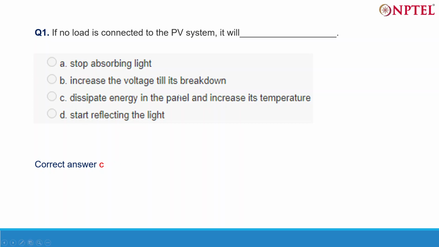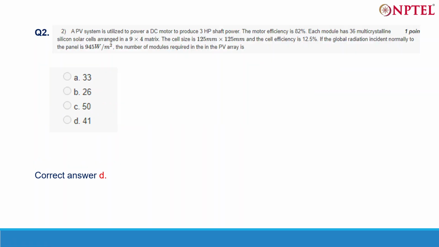It will dissipate energy in the panel and increase its temperature. I was talking about this loss; someone asked if more power is produced than the load requires. In that case, it will dissipate energy in the panel and the panel temperature will increase. So the correct answer here is answer C.